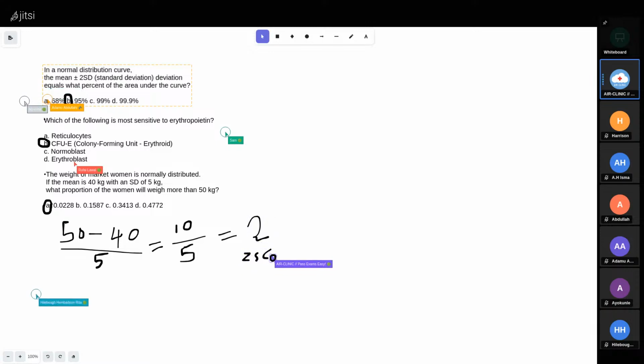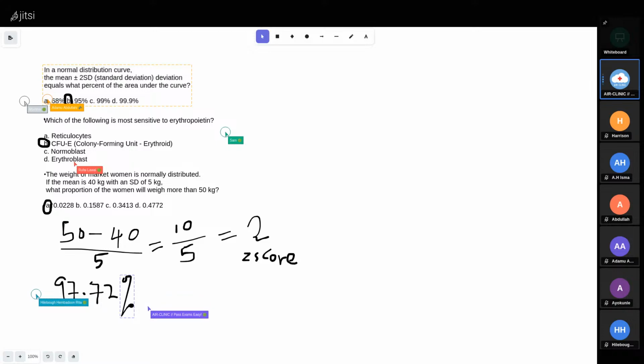I'm sure if they are giving you this type of question, they'll probably give you a chart to look up the Z score. So if you have a Z score of 2 on the graph, what you get is 97.72%. Now, this percentage is the number of people who weigh less than 50 kg.